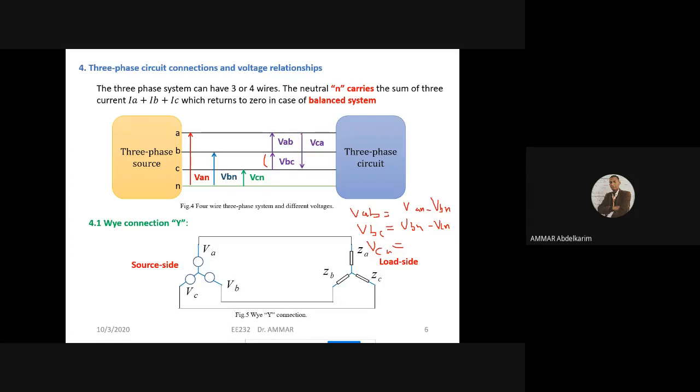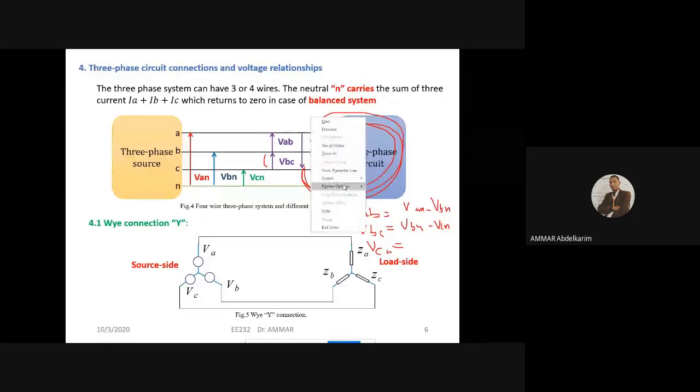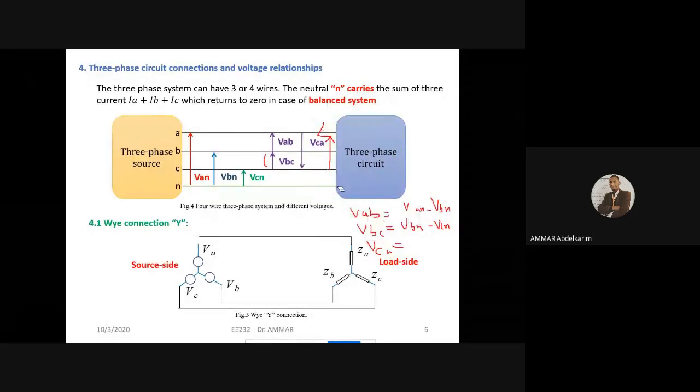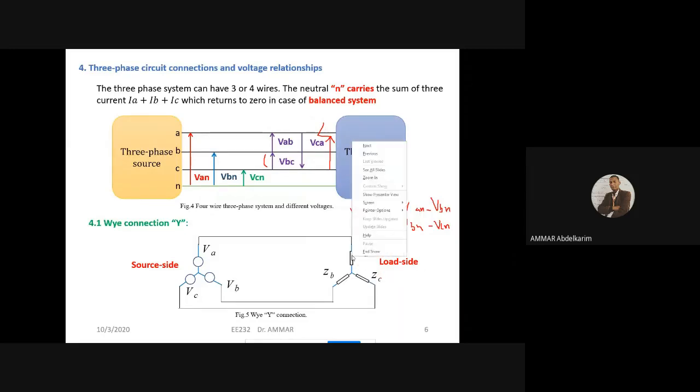Why? Because we have to respect the phase sequence. It cannot be, for example, VAC. It must be VCA, because from C we return to A. It's a circle. So we write VCA, which means we respect the phase sequence.